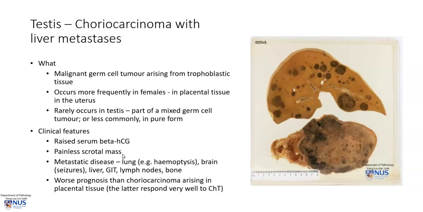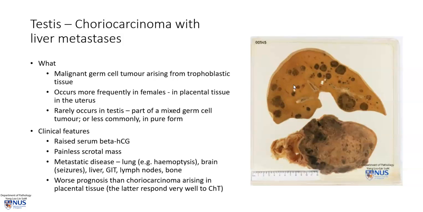There is a painless scrotal mass, and the patients may actually present with metastatic disease because, as mentioned, this choriocarcinoma has a propensity to invade into blood vessels, and hence distant metastases are common. So patients may present with hemoptysis, for example, with lung mets, or even seizures in the case of mets in the brain.